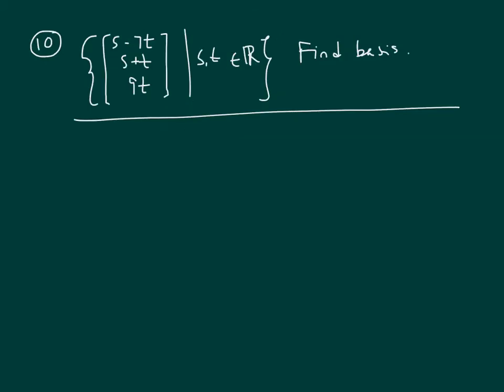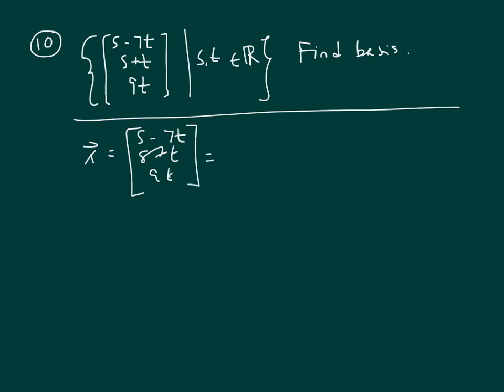Okay, we're asked for this particular subspace. How can we find a basis for the subspace? It's very easy if we see that all vectors are of the form (s minus 7t, s plus t, 9t).